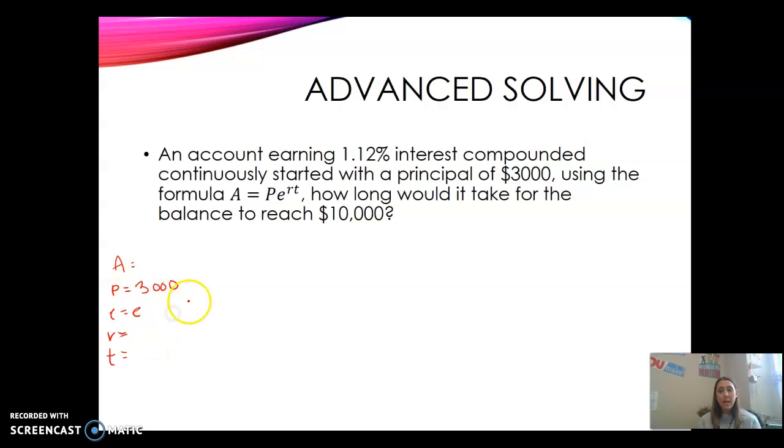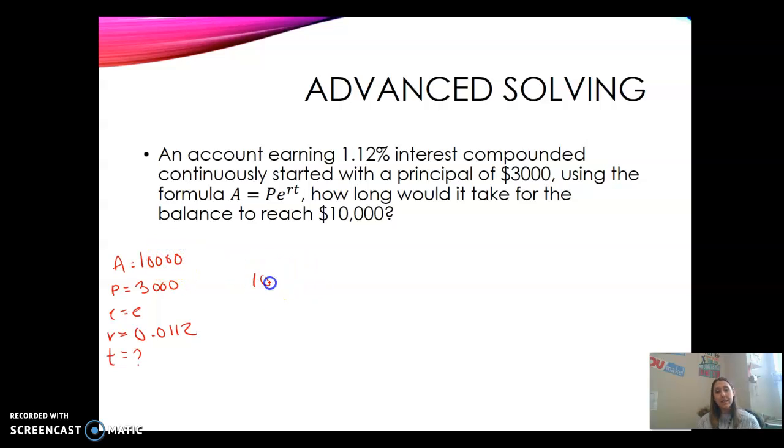I do know my rate, 1.12%. Now remember that's a percent, so we have to divide that by 100, so I get 0.0112. And then it says, how long will it take to reach an ending balance of $10,000?